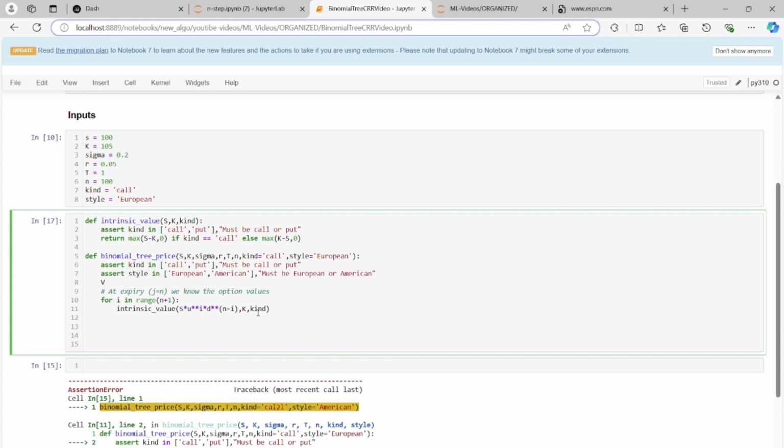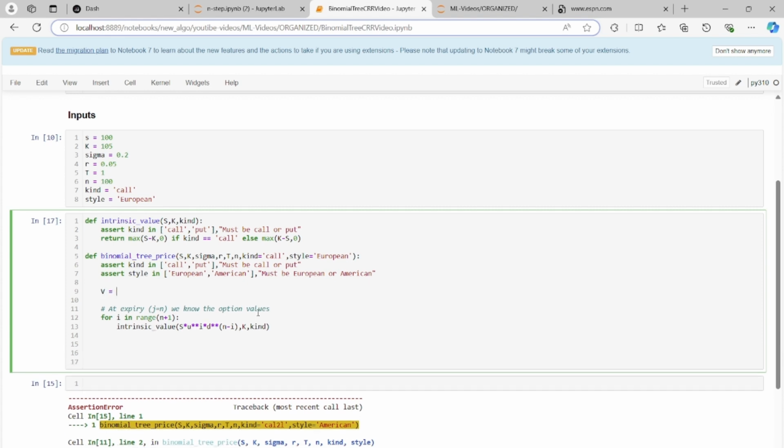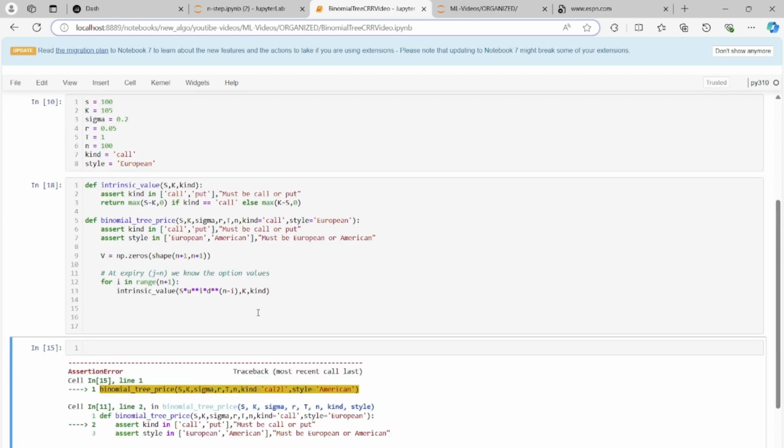Oh, and we need this thing. I'm not going to be efficient with memory, so let's just make it np.zeros of shape n by n. Is that what we need, or do we need n plus 1 by n plus 1? That's probably more likely.